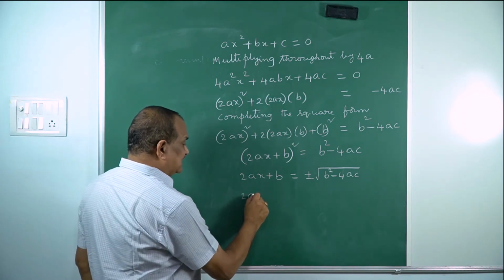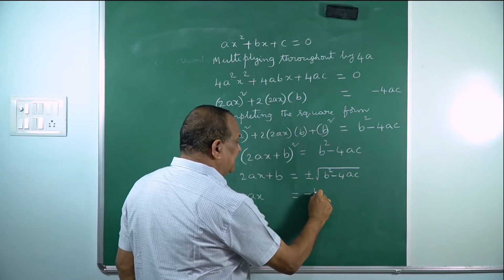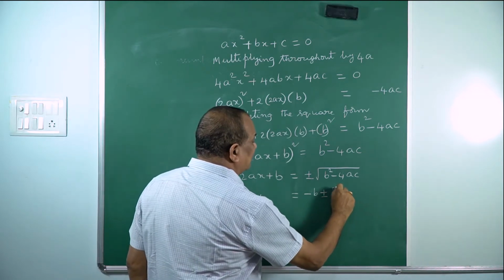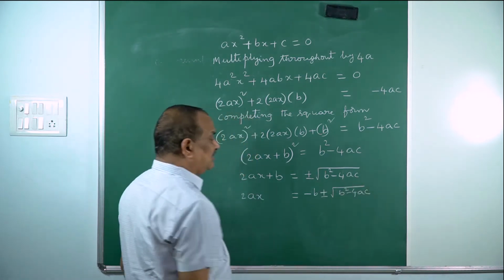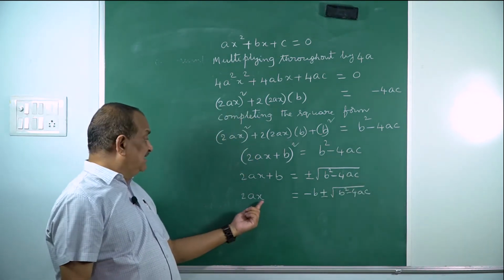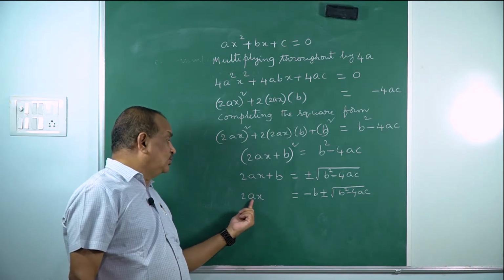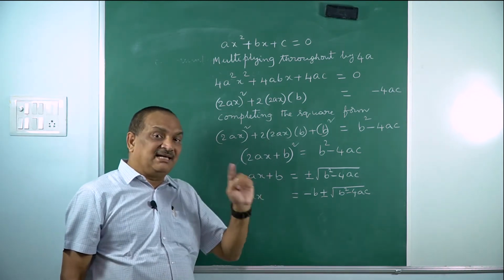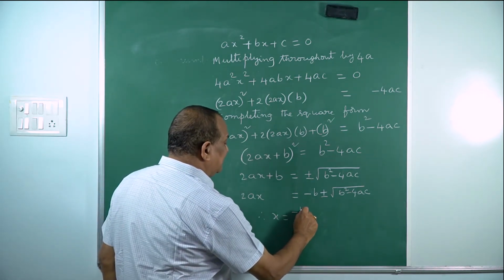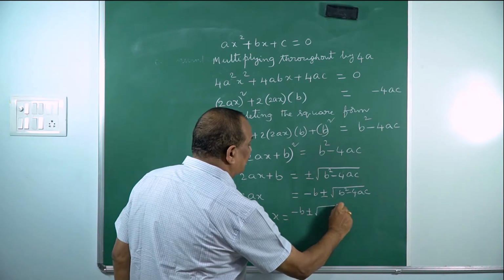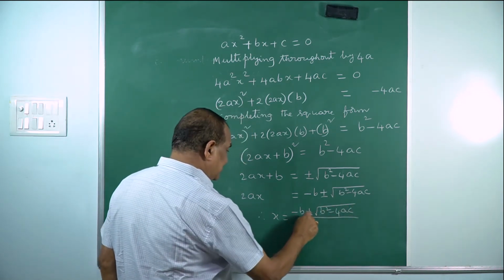So 2ax is equal to, b going that side, minus b plus or minus square root of b square minus 4ac. Now my last step. This is 2a times x. Multiplication, so this 2a will go to that side, becomes division, and therefore x is minus b plus or minus square root of b square minus 4ac, of course, by 2a.